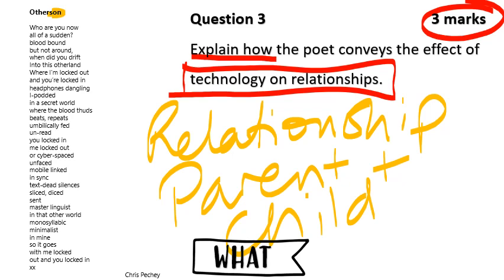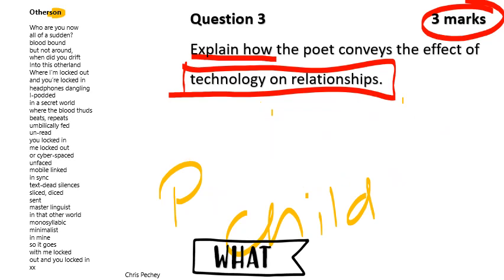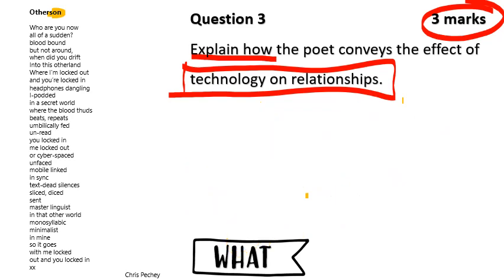So in this poem, it's exploring a parent contemplating their child and starting with that opening line, who are you now all of a sudden? Okay, this being confronted with this change.